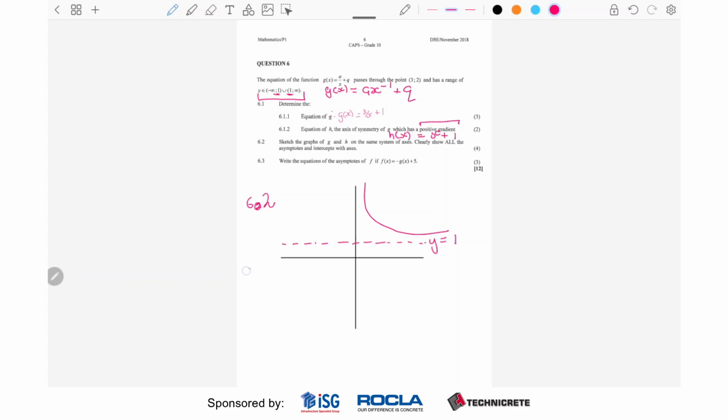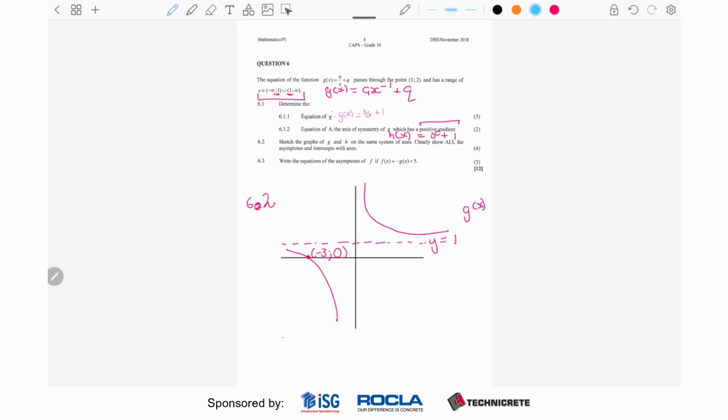So our x-intercept of g will be negative 3. And this will be our g of x.